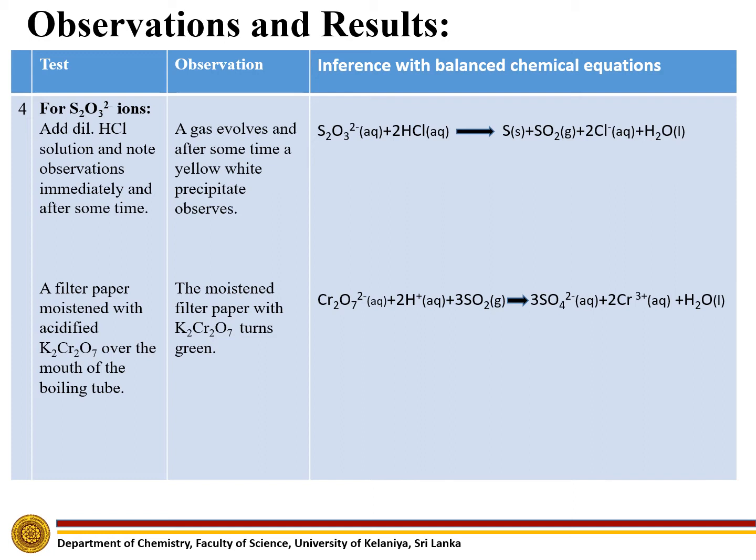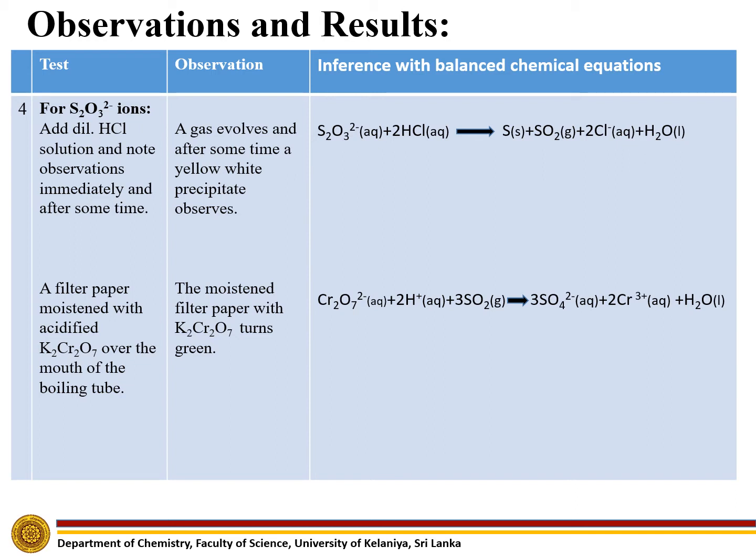We can check sulfur dioxide by using a filter paper moistened with potassium dichromate. Sulfur dioxide can reduce dichromate ion into chromium 3 plus ions. So, the color of the filter paper will turn green.